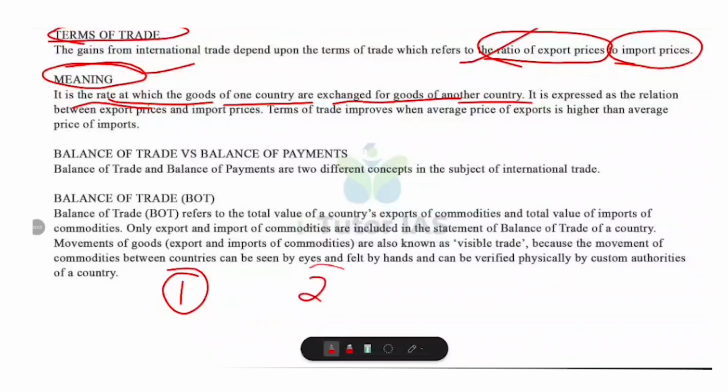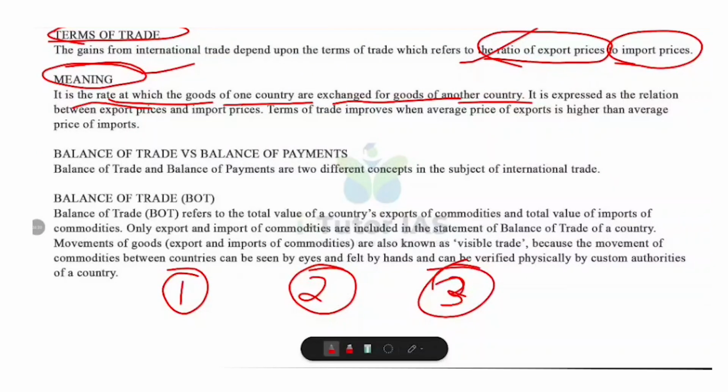And unfavorable TOT happens when import prices rise faster than export prices and the country has to export more to buy the same amount of imports, reducing trade gains. And we have told the factors influencing TOT. What are they? World market price fluctuation, exchange rate changes, then productivity differences, trade policies like tariffs, subsidies and quotas.